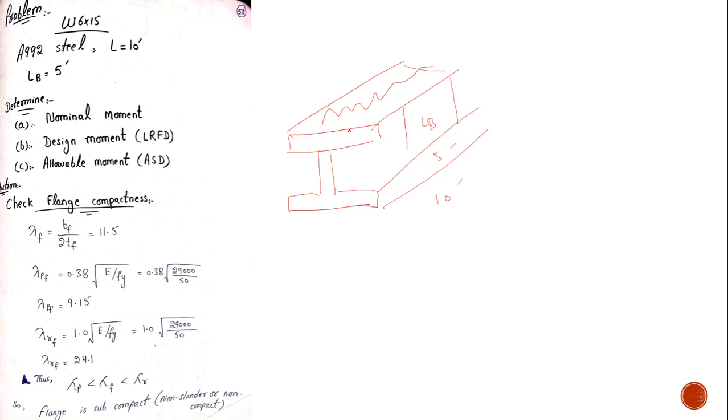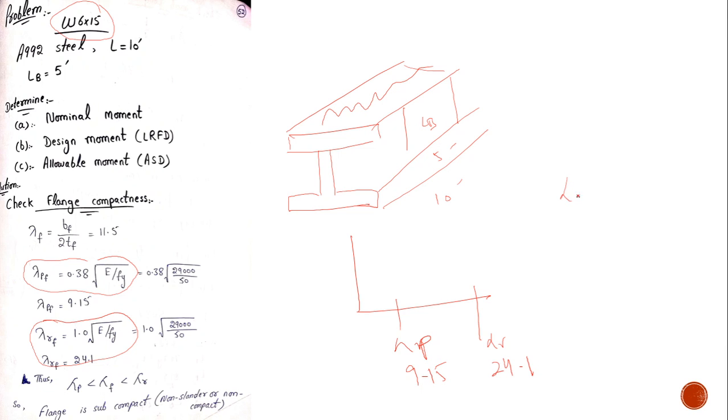The first criterion is to check the compactness of the flange, and this is W6 into 15. You will go to the manual. The criterion for flange compactness is the same, 0.38 as given in the table, and this is lambda R, and this is your lambda P. This is 9.15, and this is 24.1, and your lambda F comes out to be 11.5.